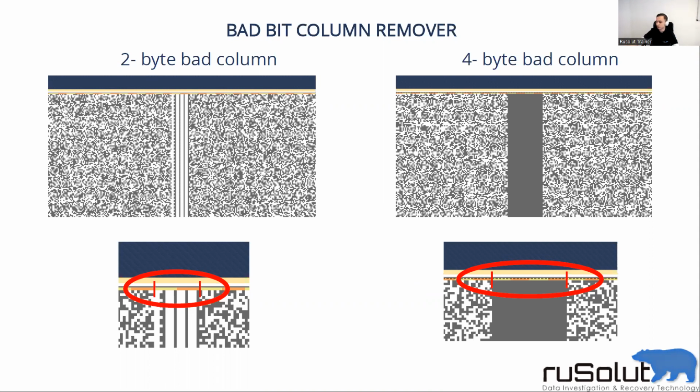But we are not talking today about our bad column remover, but just the bad bit column remover. Of course, if you are interested in the theory about bad columns, what it actually is, you can also move to our YouTube channel and watch a video about bad columns. It's also available.